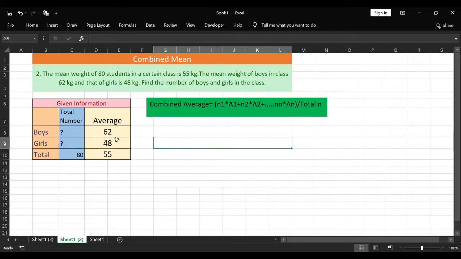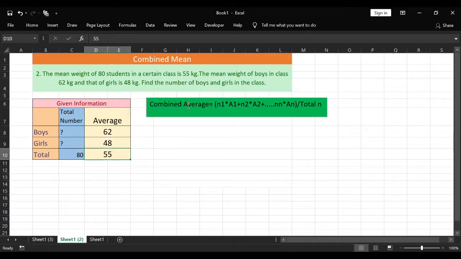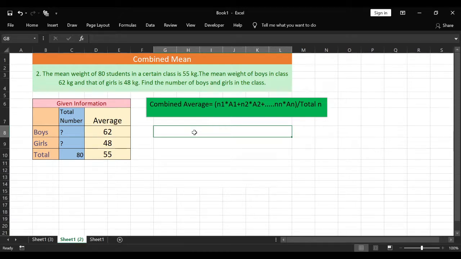In this case we don't know the value of n1 and n2, but we know the combined average, which is 55 kg. I'll apply the values to the formula. 55 equals n1, which we don't know so I'll keep it as it is, into a1, which is 62, plus n2, again unknown, into a2, which is 48, divided by total n, which we know is 80. That is our substitution of values.